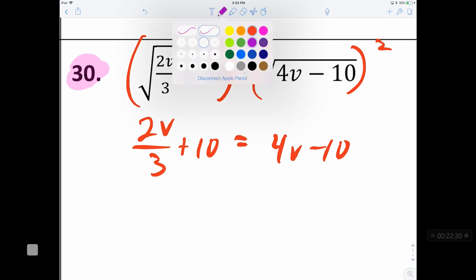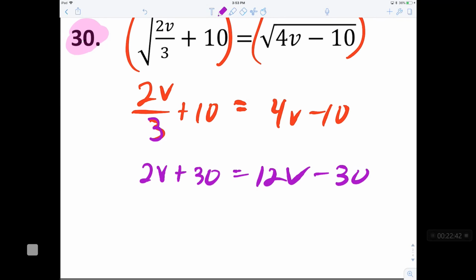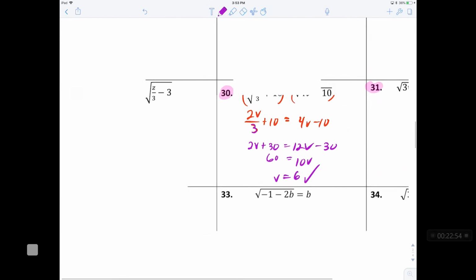Now I kind of like to just multiply everything by 3 to get rid of that denominator. When I do that, I get 2v plus 30 equals 12v minus 30. Now I'm going to get 10v on one side and 60 on the other. V will equal 6. I can check that, and it will indeed work.